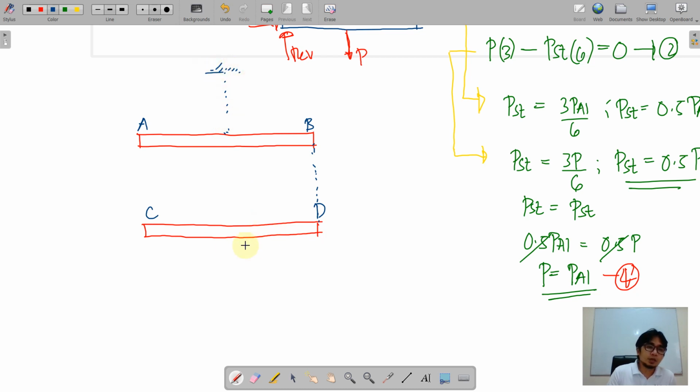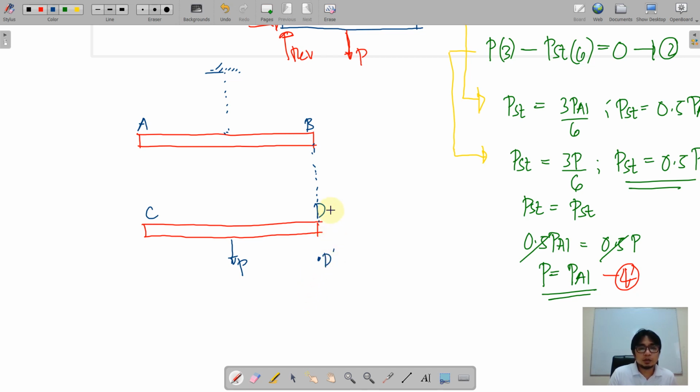Now if I'm going to pull this down, apply the P here, having this to be rigid, so it will not elongate. Of course, D will transfer to a certain point here, say D prime.